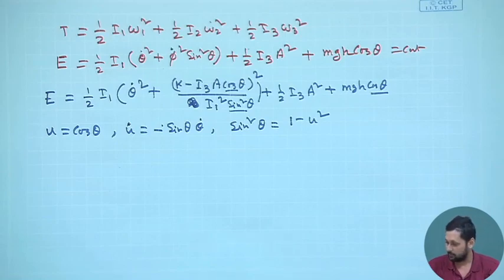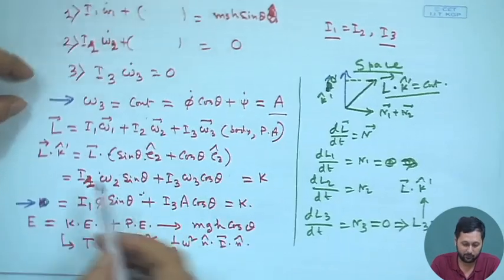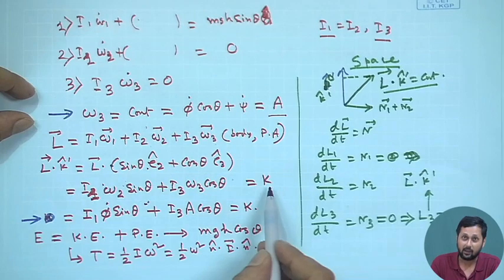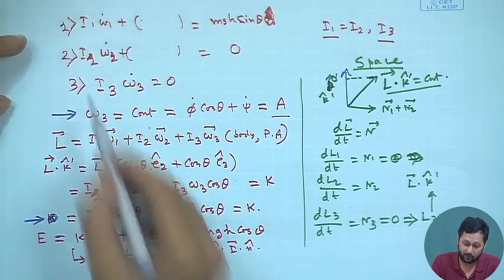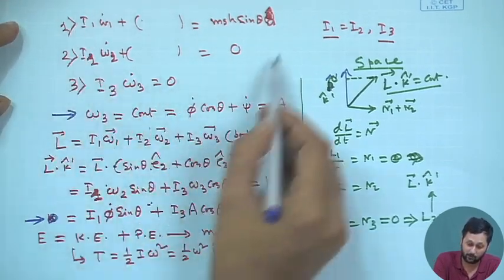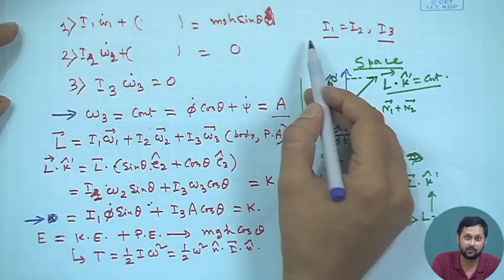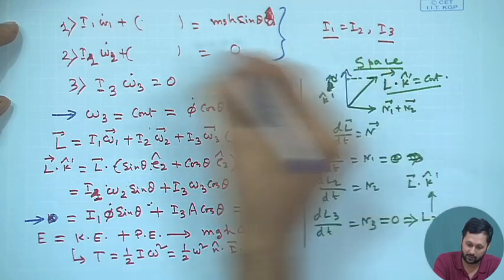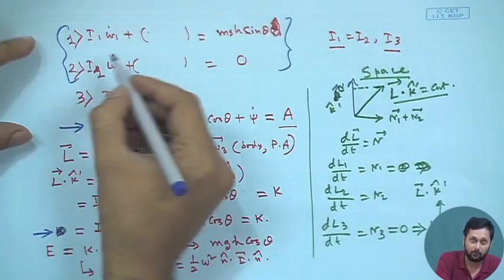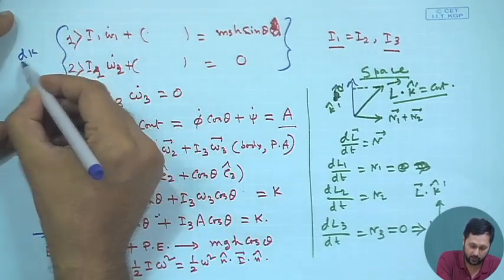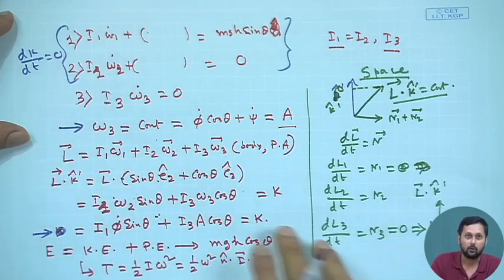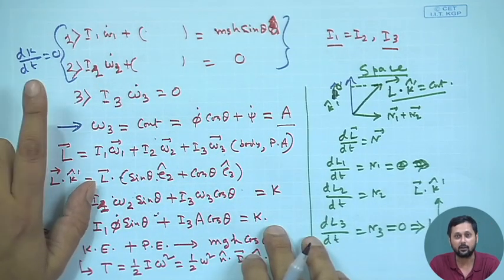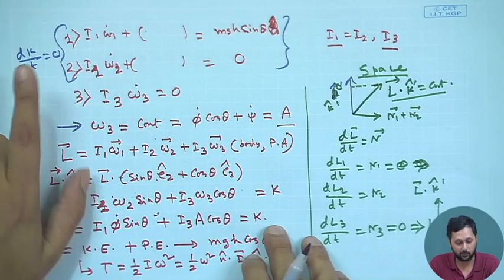Okay, by the way, this expression of k can also be derived by writing Euler's equation explicitly, and then it can be shown that this can be used to write dk dt equal to 0, which is worked out in classical mechanics by Spiegel. You can have a look at it.